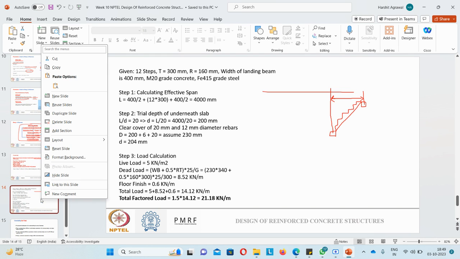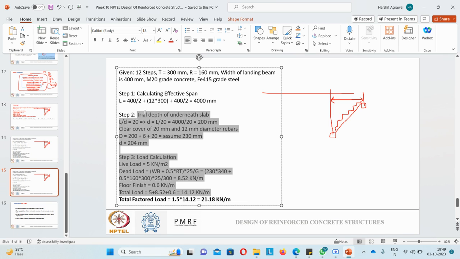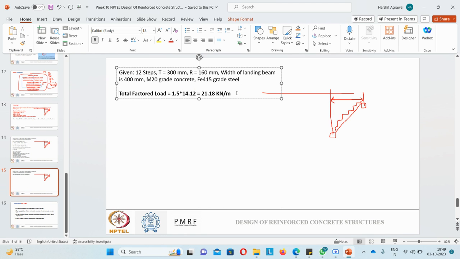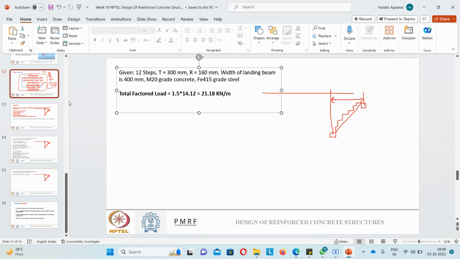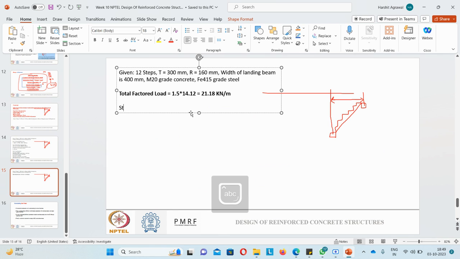Now what is the next step? Once I have done the load calculation, my next step is to calculate the design moment. So step 4, I guess.